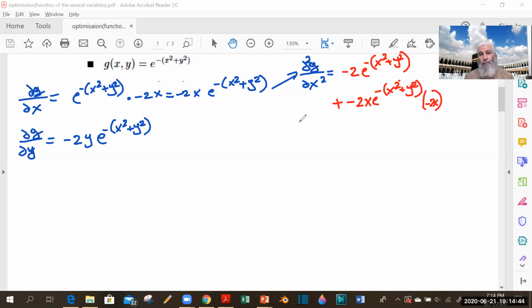Negative 2x multiply negative 2x is positive 4x squared.